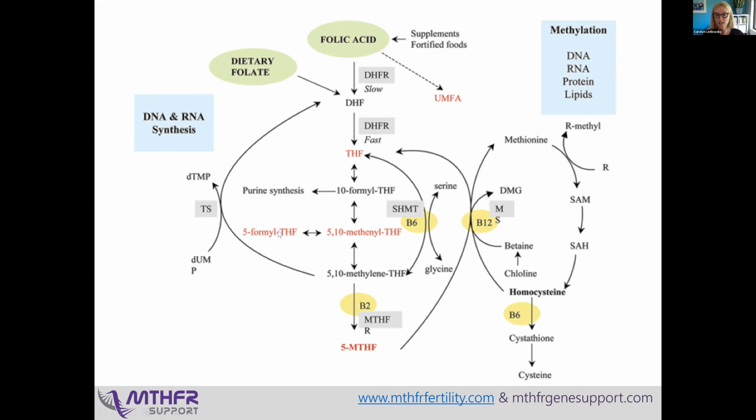It doesn't need DHFR, neither does methylfolate. So this is active, but this is the form that you need for DNA. So when you eat your dietary folate, it comes in here as a dihydrofolate or tetrahydrofolate that then gets converted. So you don't want to be taking folic acid if you've got a problem right down here.